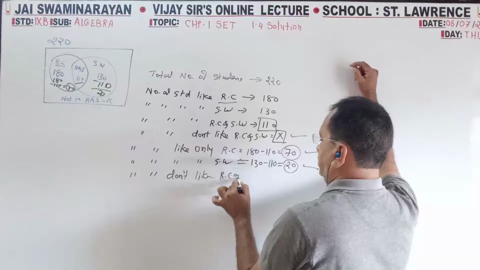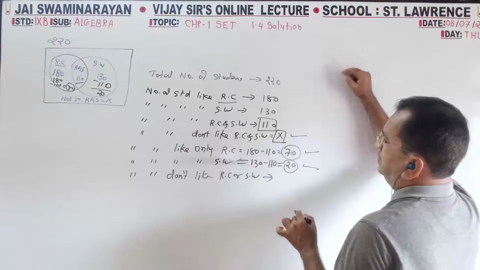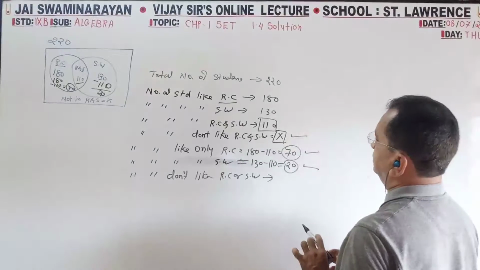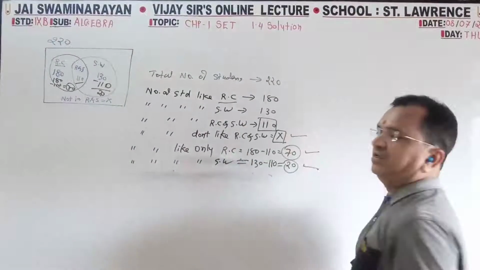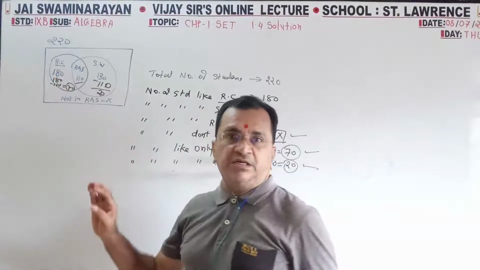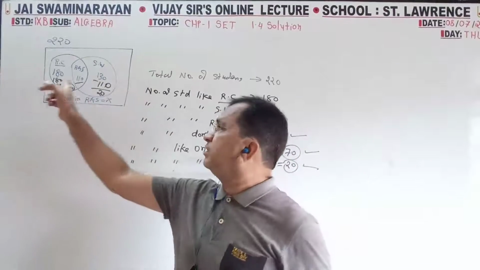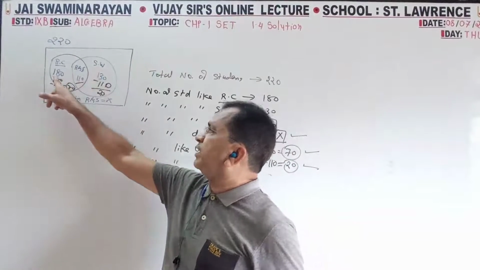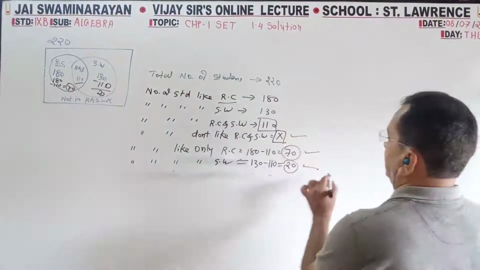Number of students who don't like rock climbing or sky watching, this is taken. Again rock climbing 180 but combined 110, that is also for sky watching, so 180 minus 110, so only rock climbing 70.